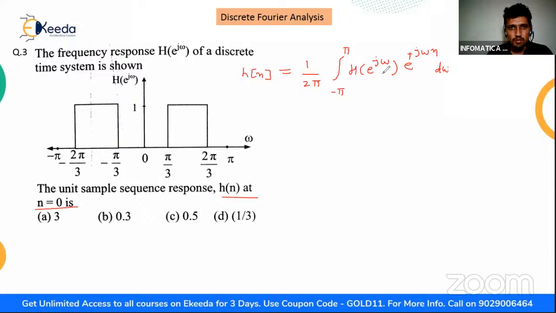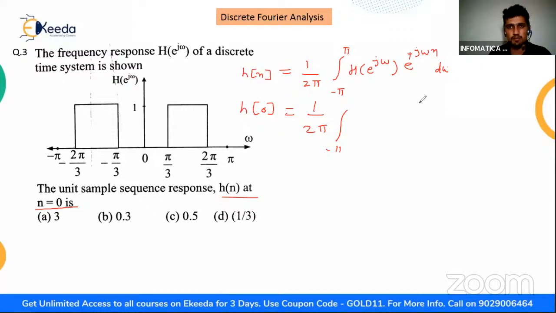So simply put n equals 0, and you will get that this is simply equal to the integration from minus pi to pi of H(omega) d omega. The exponential will become 1 because n is 0.